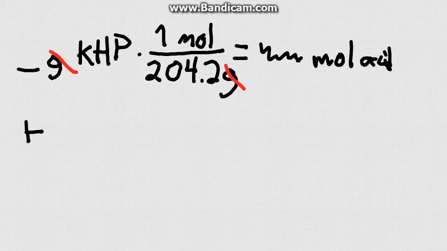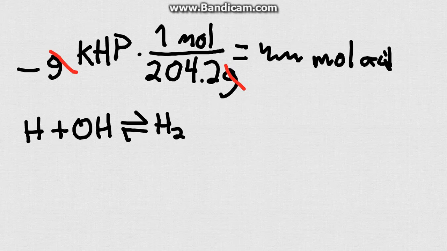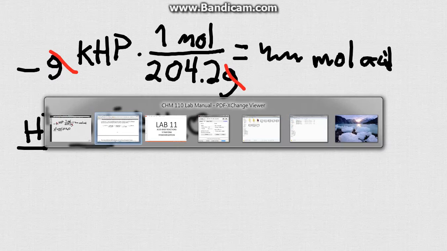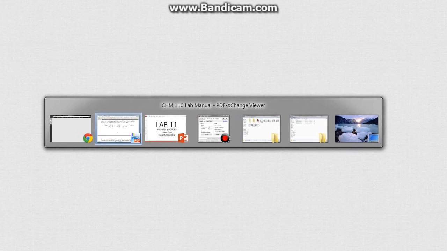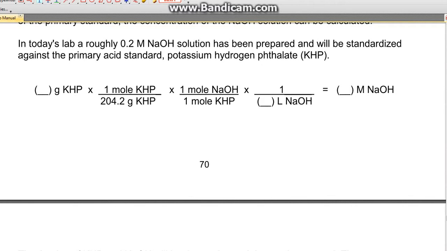So now we know that 1 mole of acid plus 1 mole of base gives us our neutralized solution of water. So basically, this is a 1-to-1 ratio, right? So for each 1 acid that we need, 1 base as well. So we then go ahead and take that moles of acid and multiply it by the ratio of base to acid.